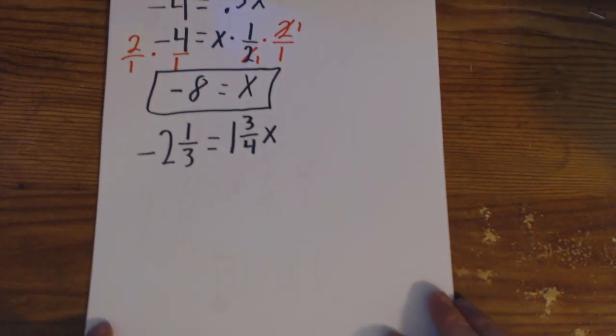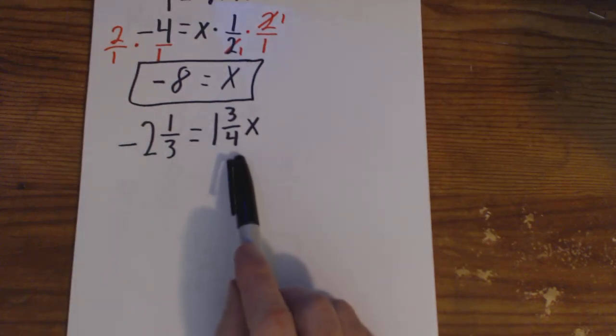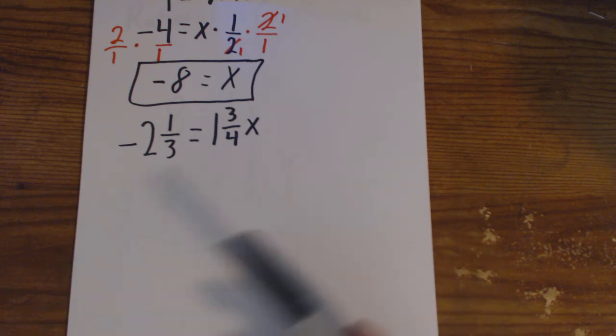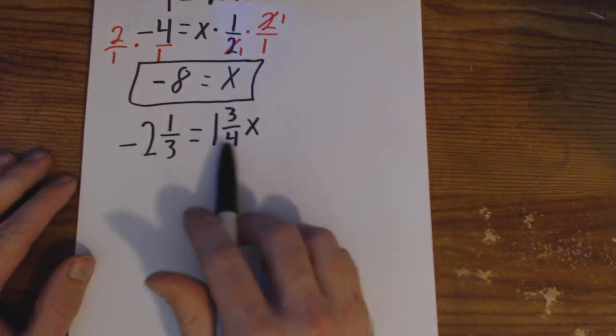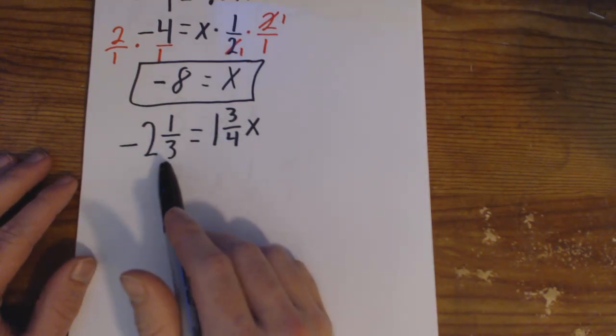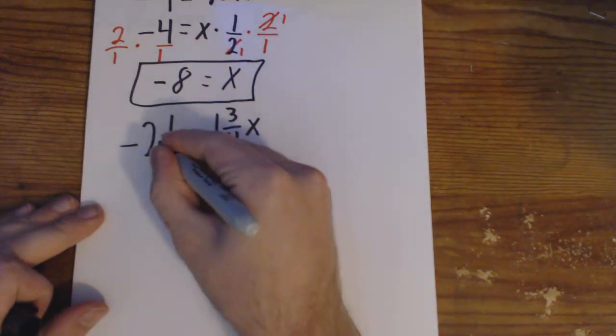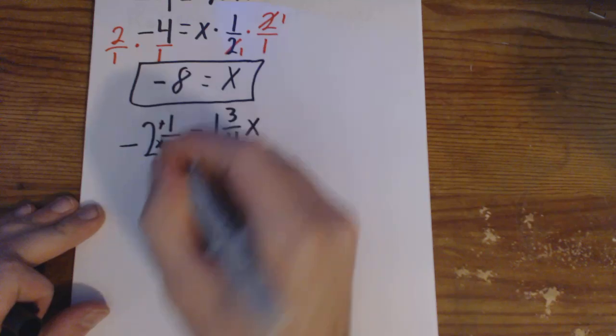Here we have a little bit more complicated one. What's different this time is we have two mixed numbers instead of fractions or integers. First thing we're going to do with these, because we know we're dealing with multiplication and division, we don't want mixed numbers. We're going to want to make improper fractions. If you guys remember, maybe you see a little thing like this, times, plus.